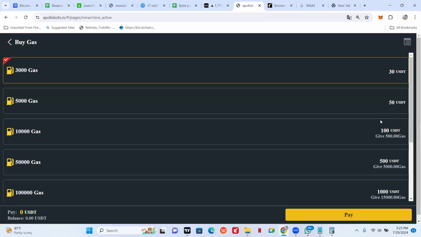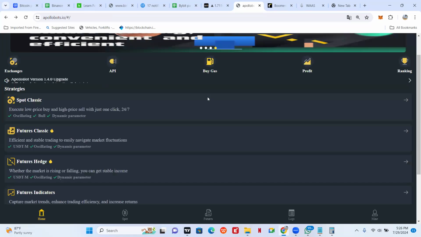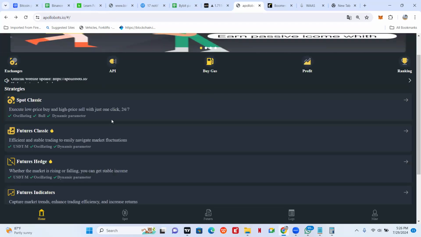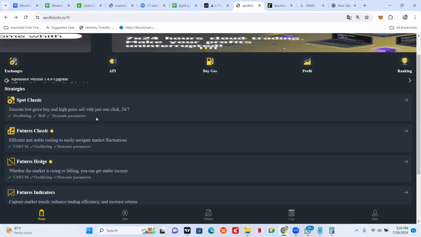From $500 capital to $1,000, you can go with $100, and from $1,000 above, or $1,500 or $2,000 capital, you can go with $500 gas. So you just go easy with the gas. It's very flexible, so you can go with any of them. Now, we're going to start with spot and futures.